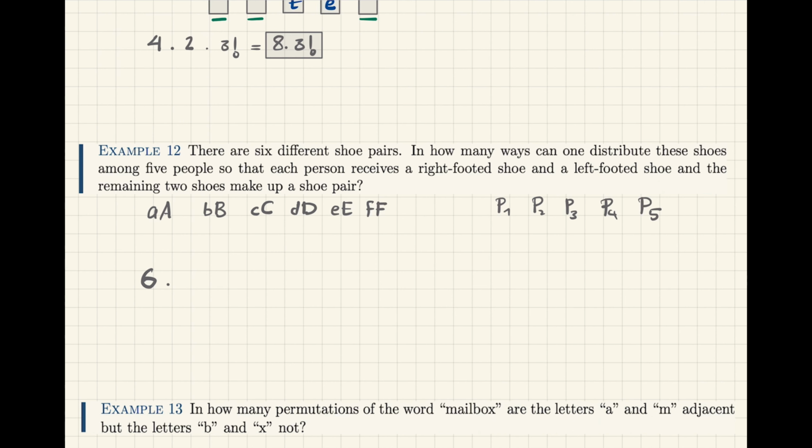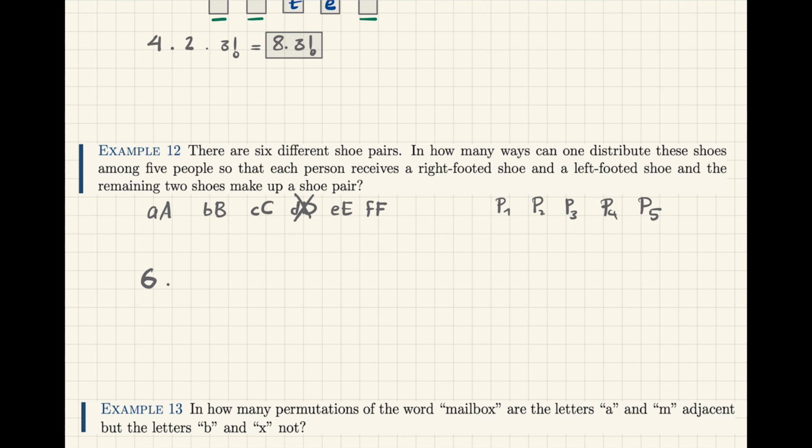So first of all, I take that pair of shoes and put it aside. Then how many left-footed shoes are left for you? 1, 2, 3, 4, 5, and 5 right-footed shoes are left for you.